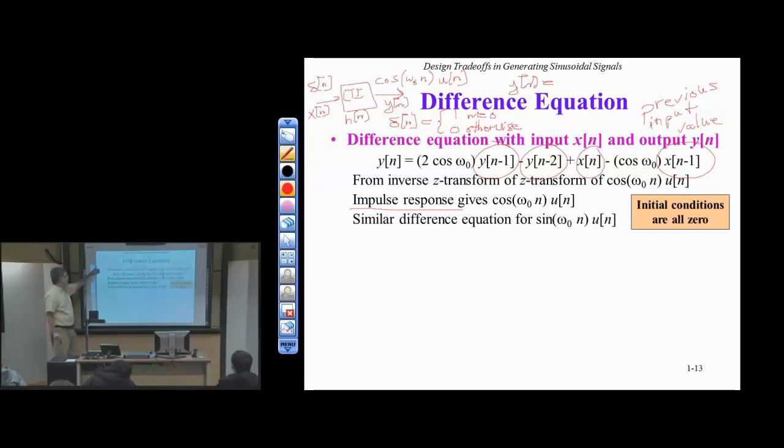If I know the input x and the impulse response h, what's the relationship? It's the convolution. It's the convolution in the discrete time domain. It's the product in the Fourier domain. I heard product. It is the product in the Fourier domain. In the discrete time domain, it is the convolution. And we will review convolution when we do lecture 3.